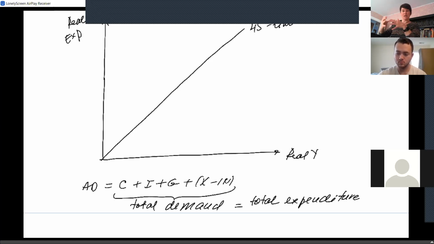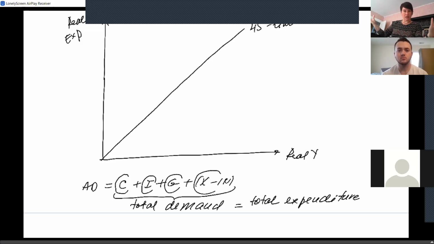Our total spending: how much money the household is willing to spend, how much money businesses are willing to spend, how much money government is willing to spend, and what we're spending while trading with other countries. So C plus I plus G plus net exports is not just total demand, but also total spending. How much money we're willing to spend.